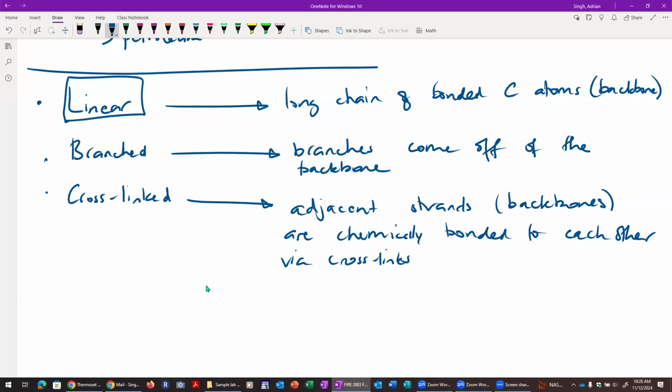So whether it is a linear, a branched, or a cross-linked polymer, these will impart different characteristics to the polymers themselves.